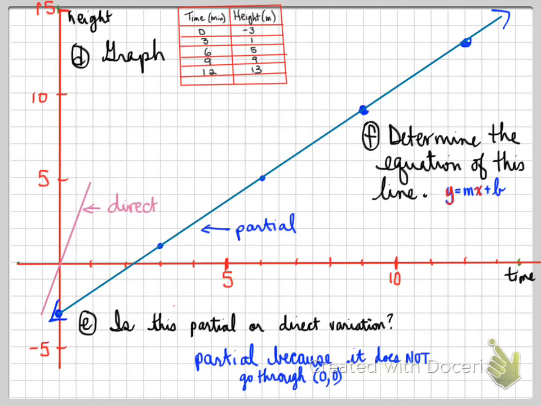We need to find the slope, which we already did, and the y-intercept, which we can look at in the table or see right here. If you look up here at the table, you will see that 0 and negative 3 are the coordinates in the table, and 0, negative 3 are the coordinates that pass through the y-axis.